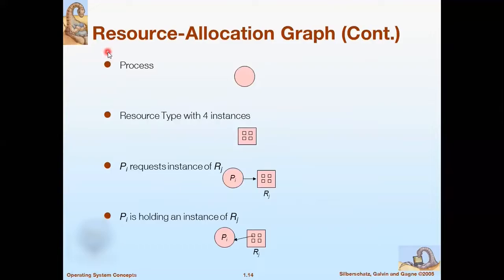Pictorially, we represent each process as a circle and each resource type as a rectangle, and if any resource type has more than one instance, we represent each such instance as a dot within the rectangle. Remember that a request edge points only to the rectangular box, but an assignment edge must also designate one of the dots in the rectangle.